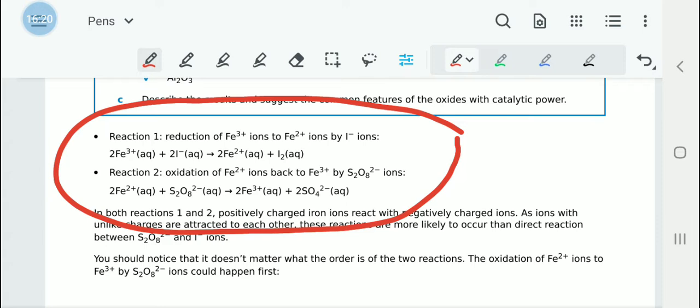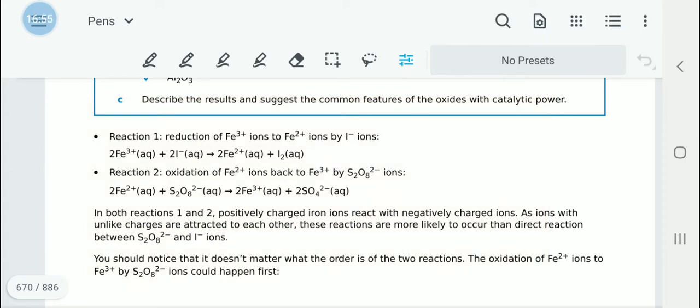After writing the two reactions, write down that because the collisions occur between the positive and negative charges, the required energy for collision is lesser. As a result, the reaction is more likely to take place. This reaction can be catalyzed by both Fe2 plus and Fe3 plus ions.